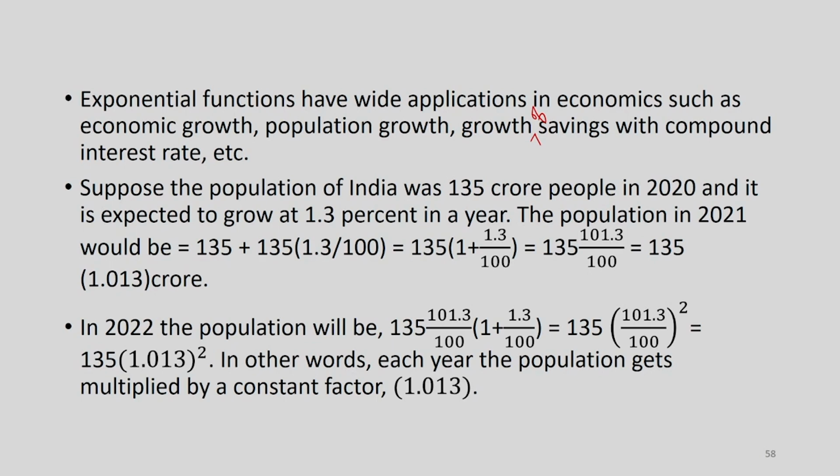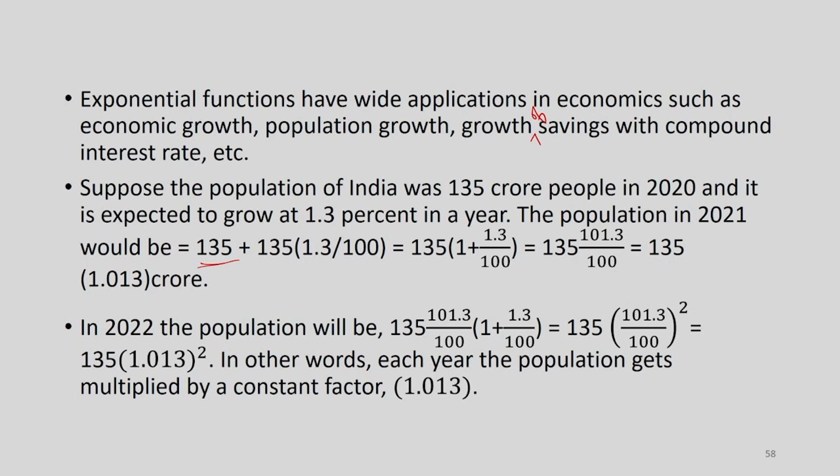So, here is an example. Suppose the population of India was 135 crore people in 2020 and it is expected to grow at 1.3% in a year. What will be the population in the next year, 2021? That can be calculated. It will be the population in the initial year, 2020, which was 135, plus you multiply 135 with the factor.